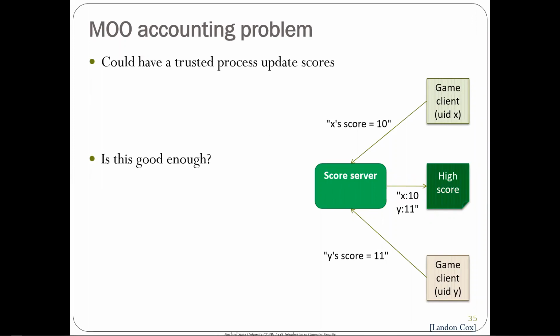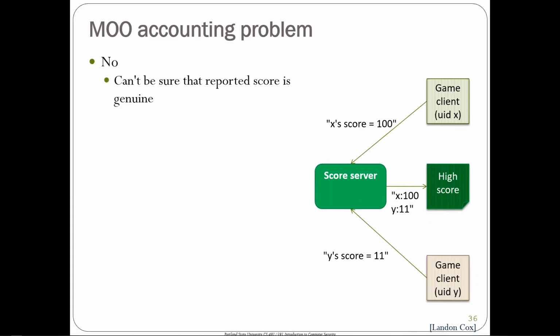Does that solve the problem at all? No. Because you can just lie to the score server. There's no integrity here. So you need to do something else. You need to ensure that the score was computed correctly.